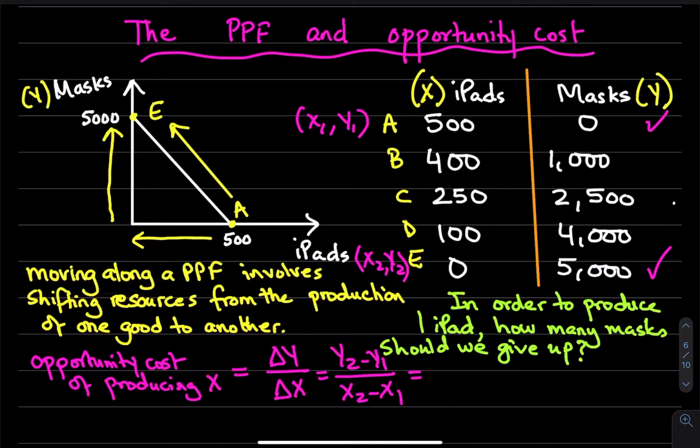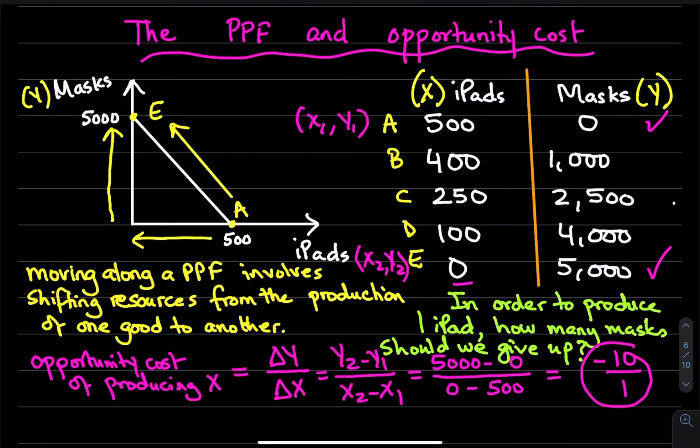Okay? So let's write down what y2 minus y1 is. So y2 is given by our point E, which is 5,000. So 5,000 minus, we have a 0, y1 is 0, divided by x2, which is 0. Okay, so 0 minus x1, which is 500. Okay, so we get to this ratio, which is negative 10 over 1.